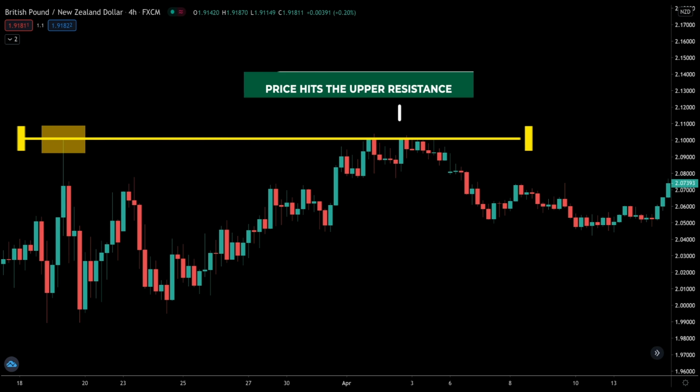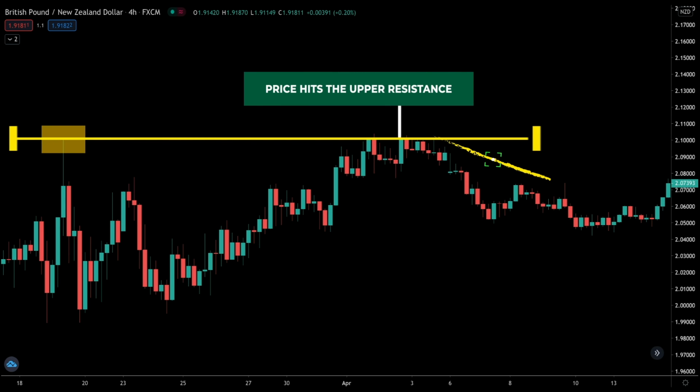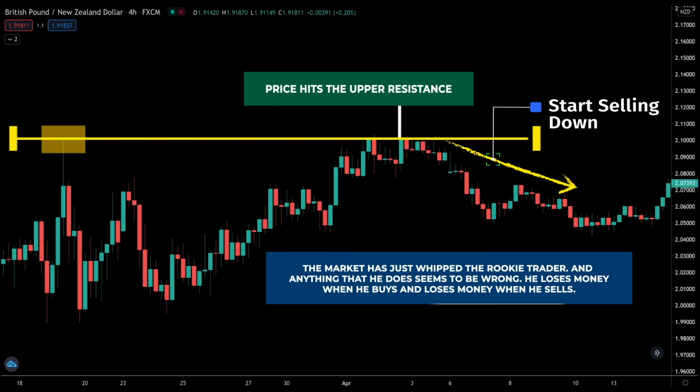Price hits the higher resistance and then bounces back down. So the rookie trader is left dumbfounded because the market has just whipped him, and anything that he does seems to be wrong. He loses money when he buys and he loses money when he sells. Unfortunately, this is a very common situation. So please rewatch this portion if you must, because it will save you a lot of money.